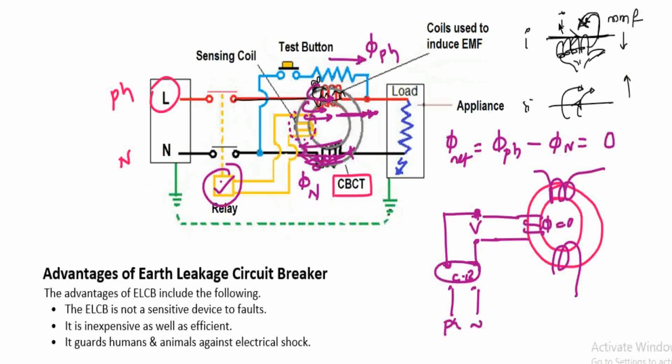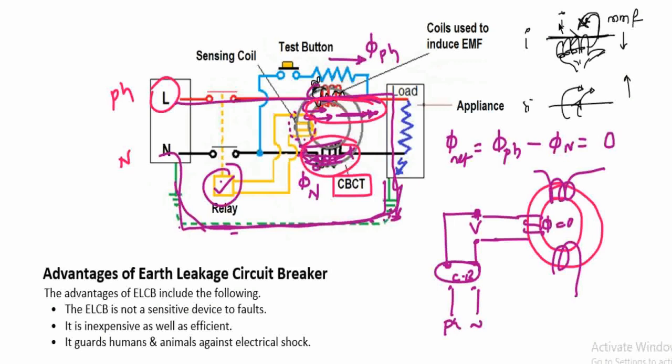Now let us say there is a fault here, that means the current is flowing through the earth. The current is flowing through the phase and it is not flowing through the neutral, it is flowing through the ground, because it is earth here. Now there is an MMF due to the phase wire, but there is no MMF due to the neutral wire.